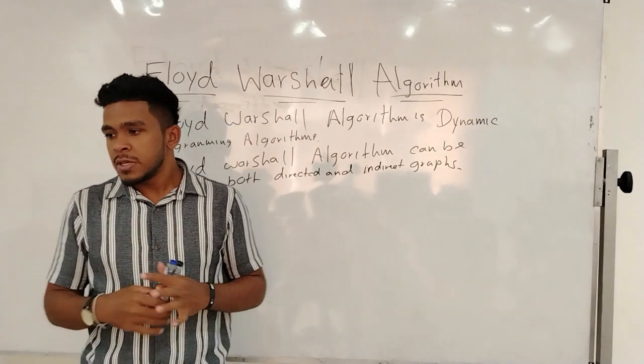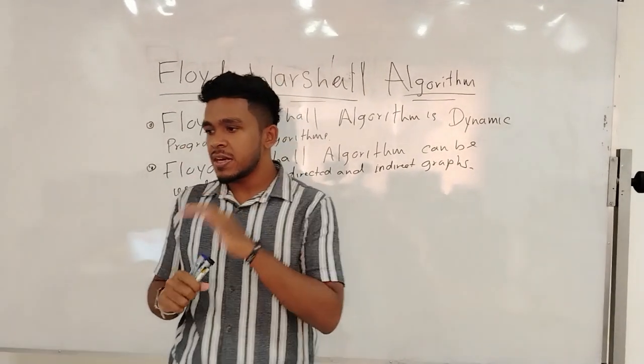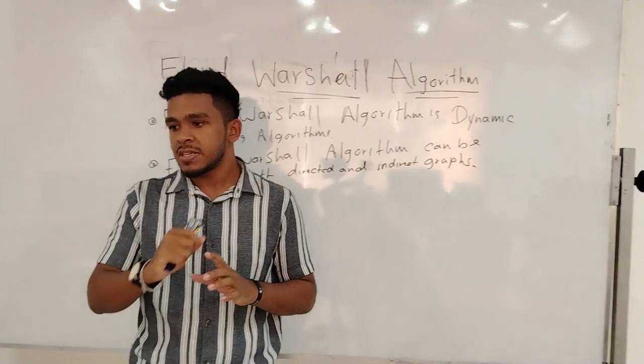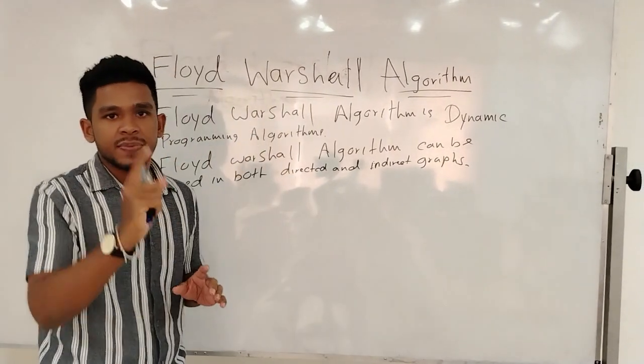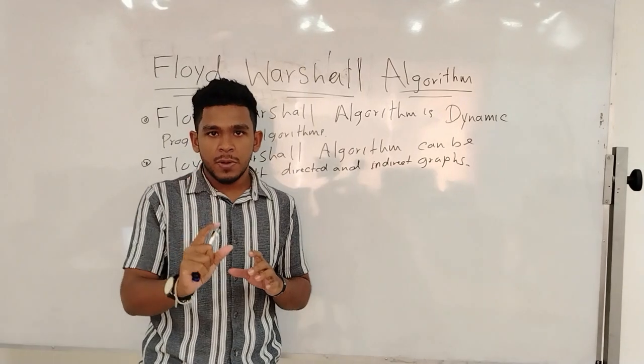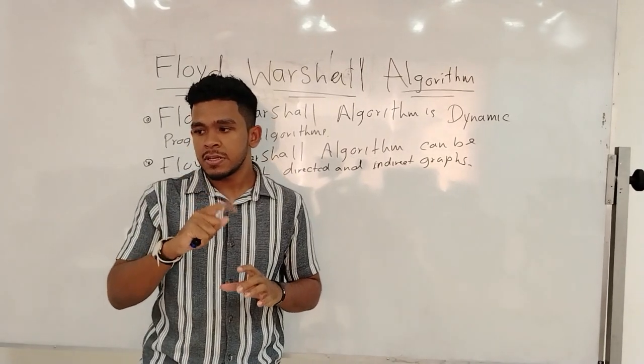This algorithm uses each vertex in the graph as a pivot and checks if it provides the shortest way to travel from one point to another point.